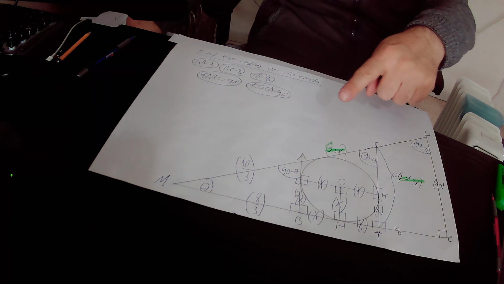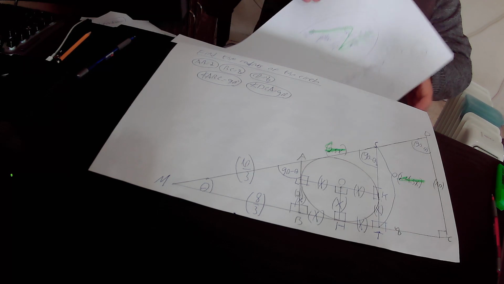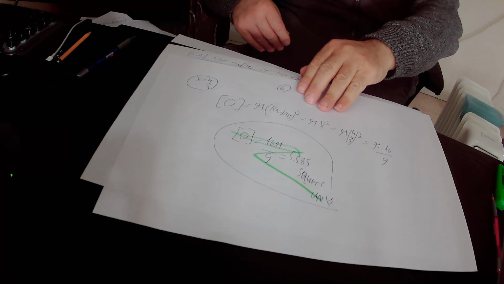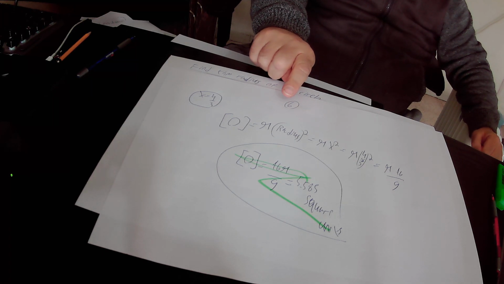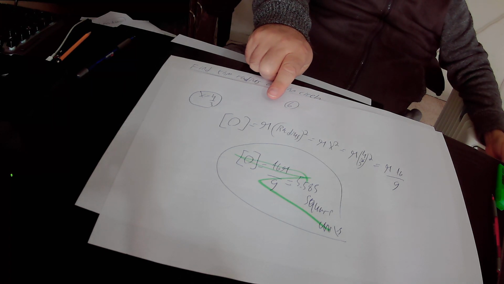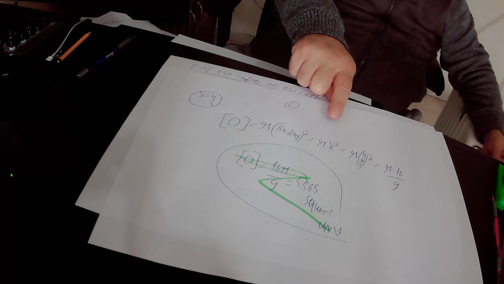Our mission is to find the area of this circle. We know that the area of any circle equals pi times the radius of the circle squared. The radius is x, so it is pi x squared.